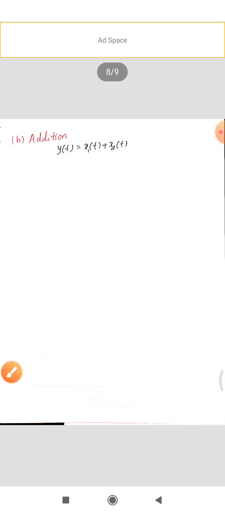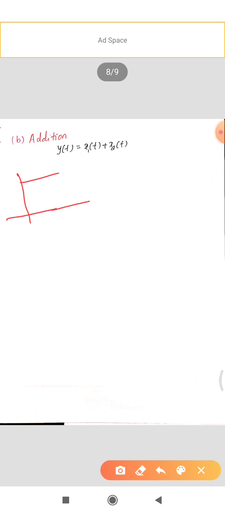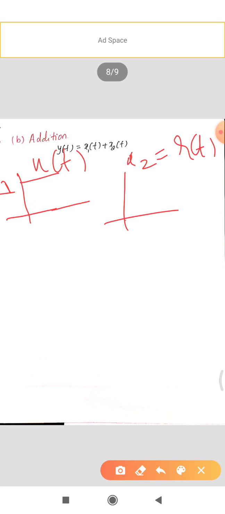We'll take another example. I'll take the first signal as a unit step, that is u of t. This is the x1 of t signal, the first signal. For the second signal, I'll take x2 equal to r of t. Sorry, I won't take r of t.